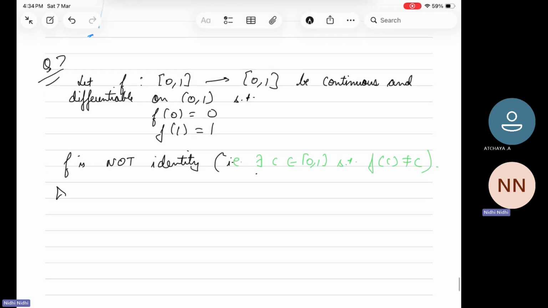Also, they are saying that there exists some t in open interval 0 to 1 such that at this point f(t) is equal to t. Then they're saying, state whether true or false.